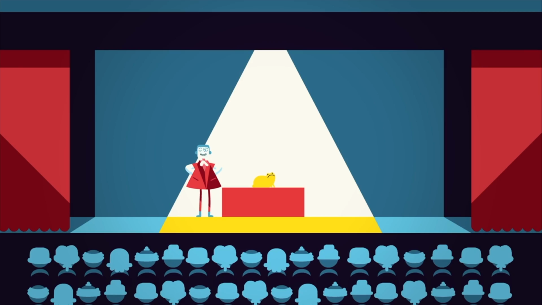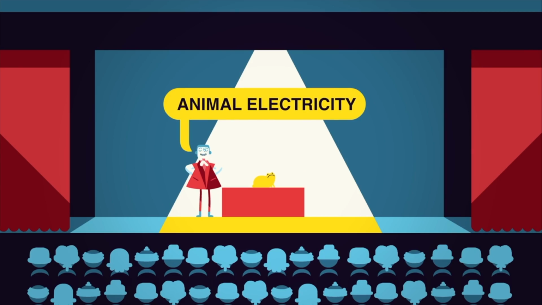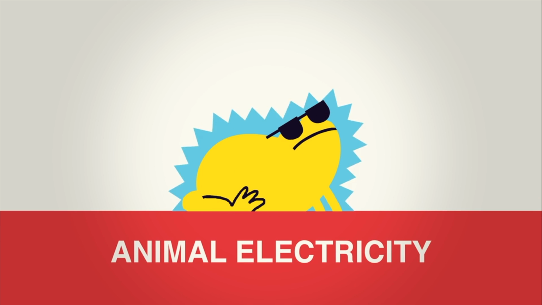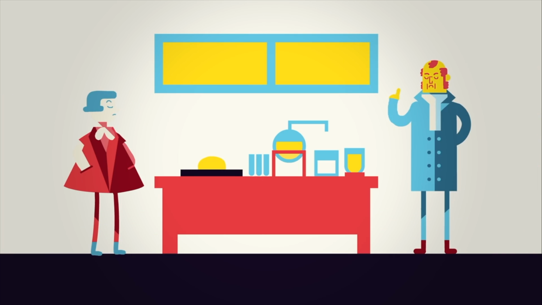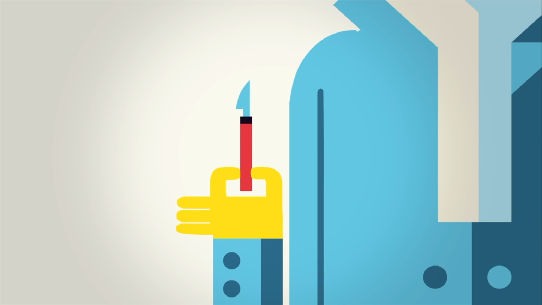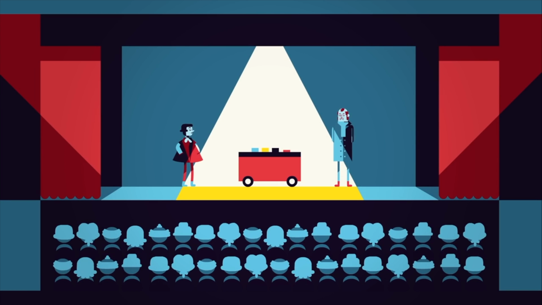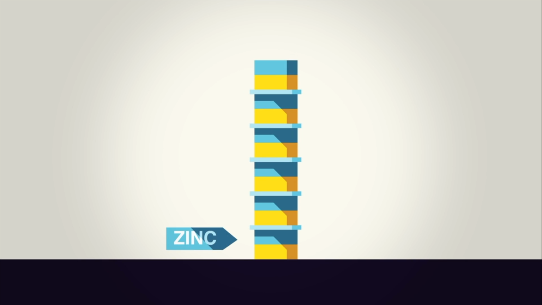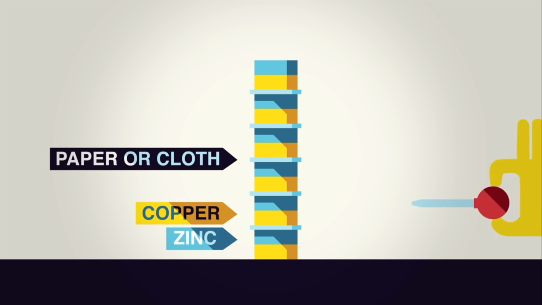The first battery was created when Galvani and Volta were in a competition over how animal electricity worked. There was a long and heated debate, but it was finally resolved when Volta stacked copper and zinc together, separated by paper or cloth.